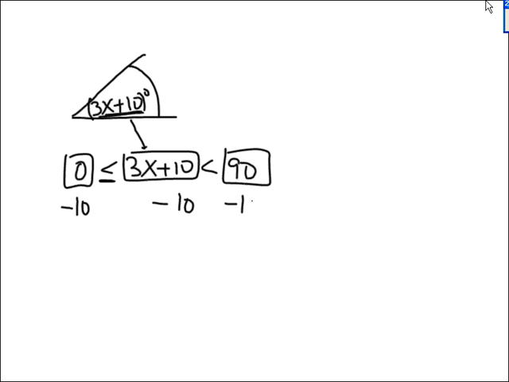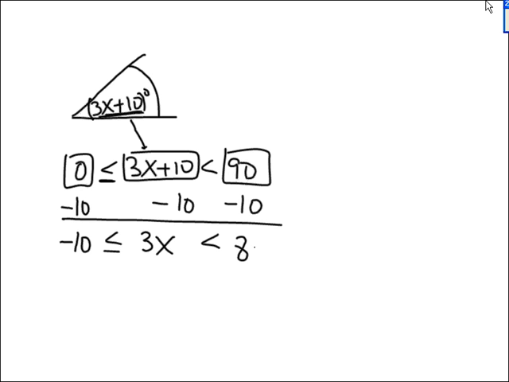Let's solve for x in the middle by first taking away 10. So the middle now is 3x. The left is negative 10, because 0 minus 10 is negative 10. And 90 minus 10 is 80. So now 3x is in between negative 10 and 80, and it can equal negative 10.